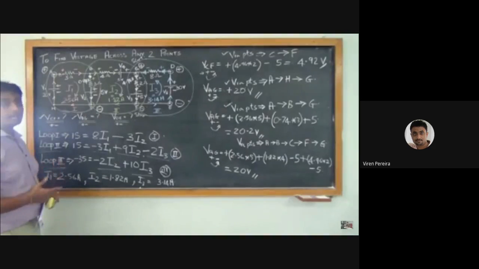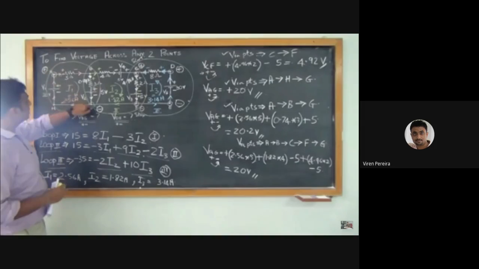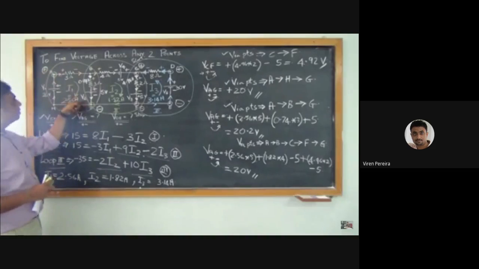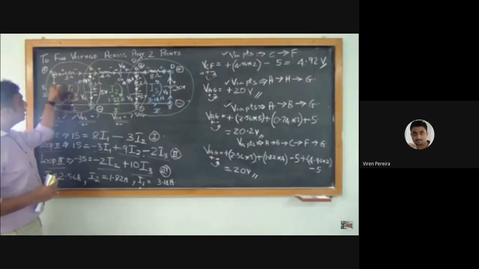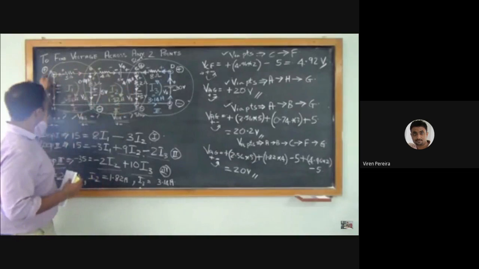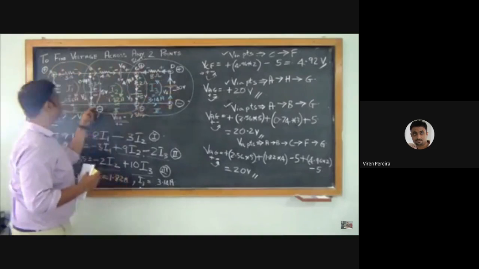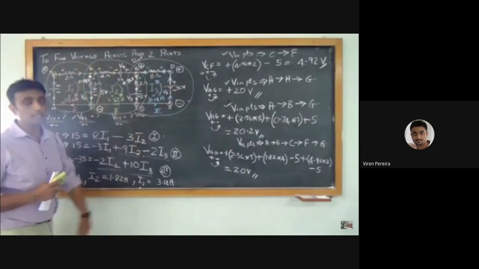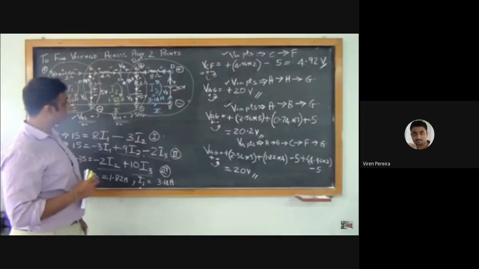So in this way, I can find out the value of voltage across any 2 points. So no matter if it is points VAG, I can take either this loop, or this loop, or this loop. I will yield the same result, that is 20 volts.